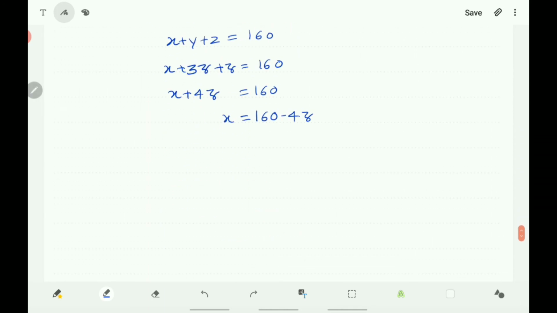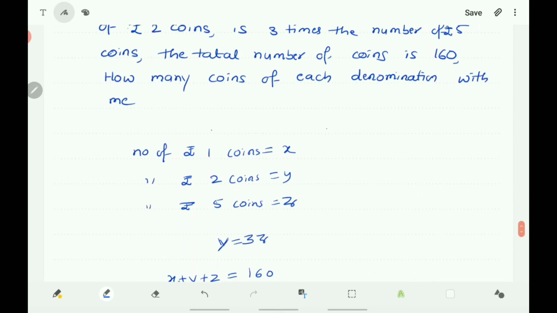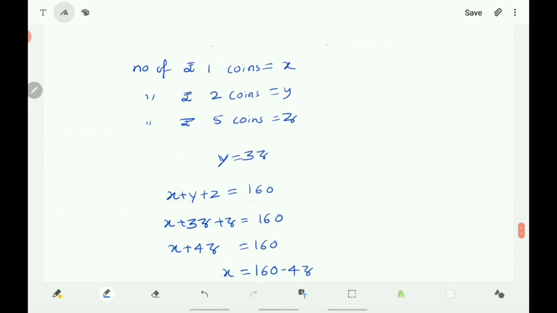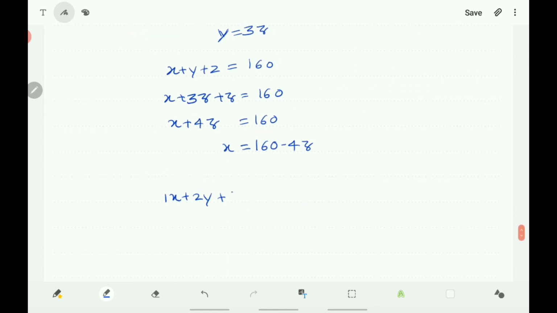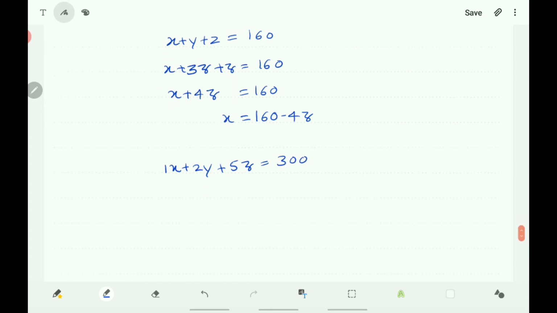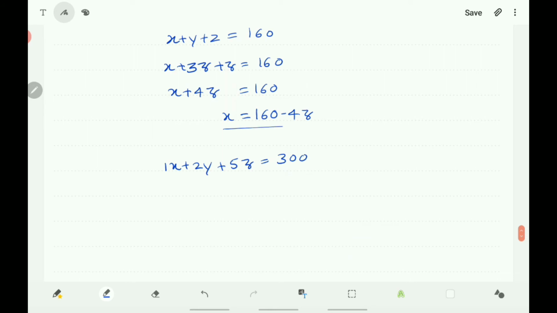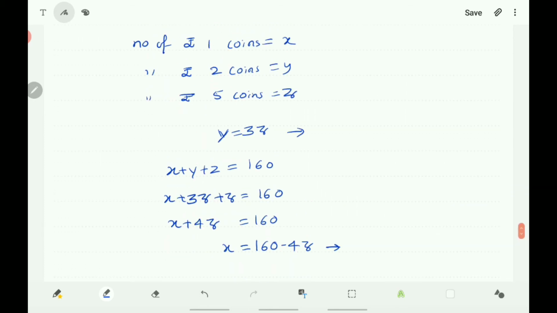That is 1 into x plus 2 into y plus 5 into z is equals to how much? How much amount it becomes? 300 rupees it becomes. This is one relation and this is also one relation.